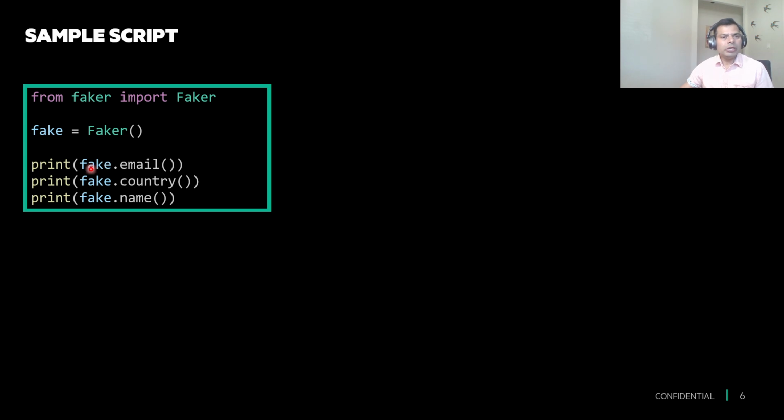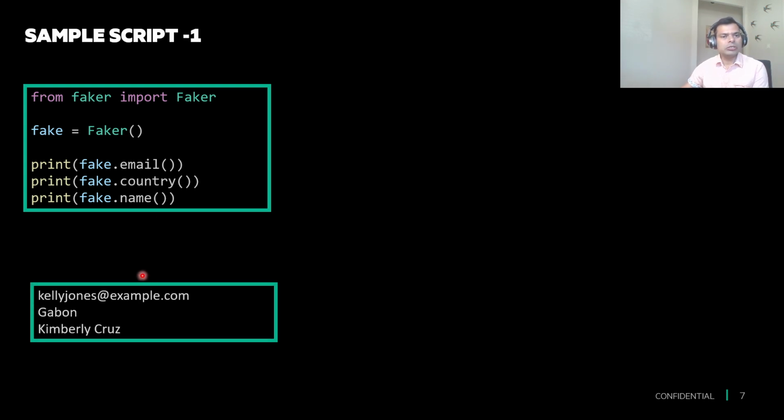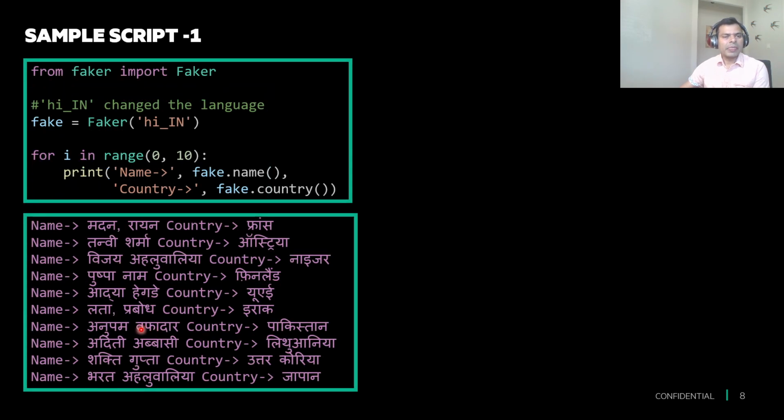So what we are doing here is just generating some email, country, name, kind of simple data. Then see how it looks. We can see that from the email we got the email ID, from the country we got some country name, from the name we got some name here. So that's really neat and clean. Let's just think about some complexity.